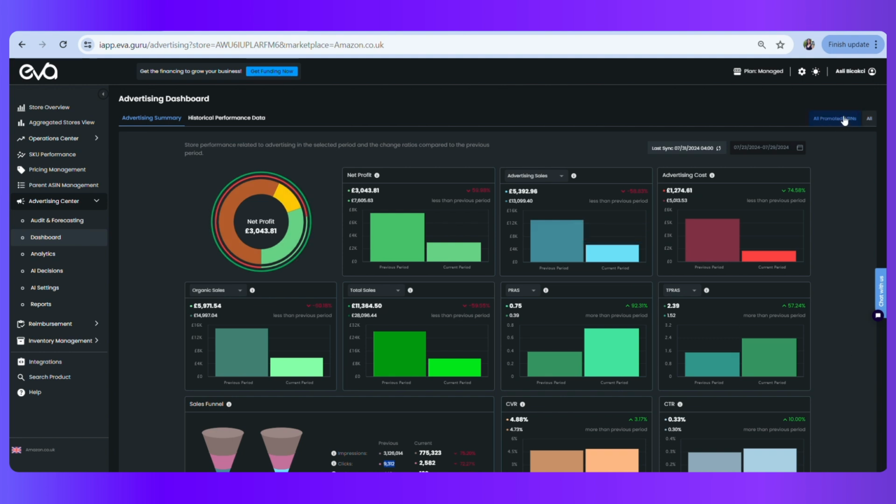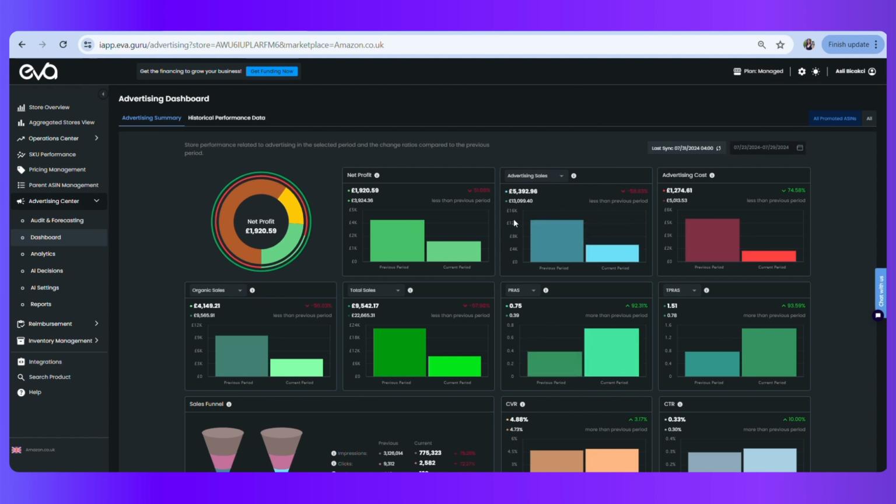For the All Promoted ASINs filter, you can only see the advertised product data. For example, if product X has advertising and product Y does not have any advertising, in the All Promoted ASINs filter you can see only ASIN X performance, like ASIN X total sales, ASIN X advertising sales, etc. That's why the advertising data, including advertising sales and advertising cost, does not change.